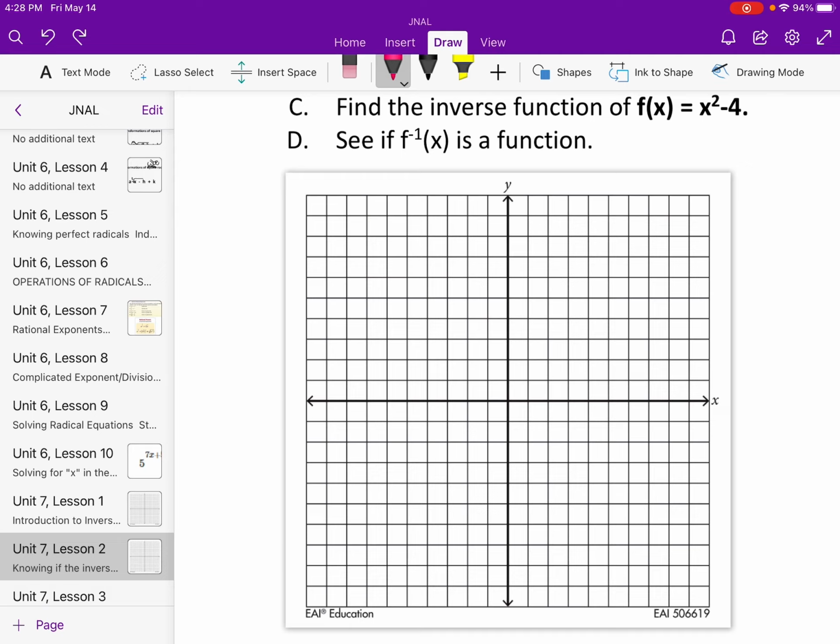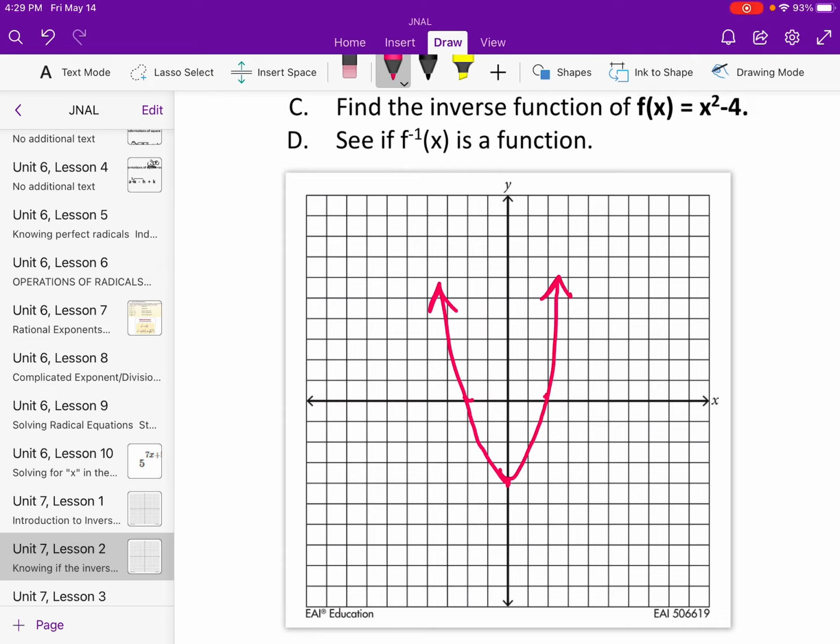If you were to factor this by difference of squares, we would know the zeros are negative and positive 2. You could also just set it equal to 0.